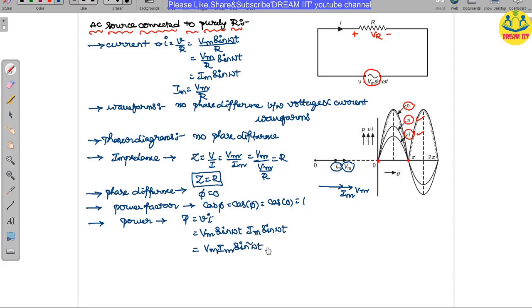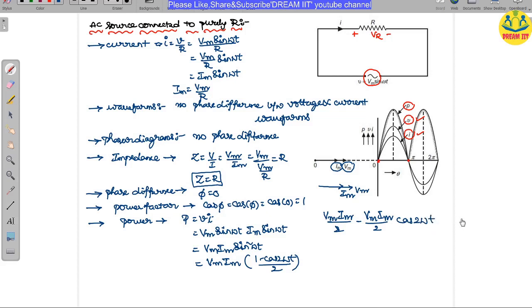Sin square omega t can be written as 1 minus cos 2 omega t by 2. So separating this, we get Vm Im by 2 minus Vm Im by 2 cos 2 omega t.